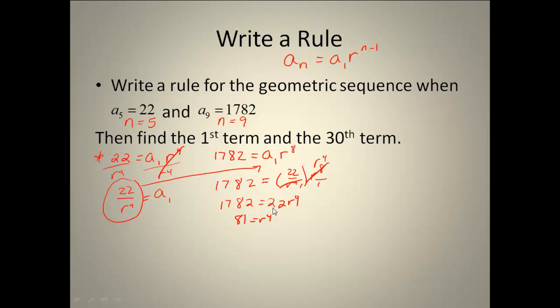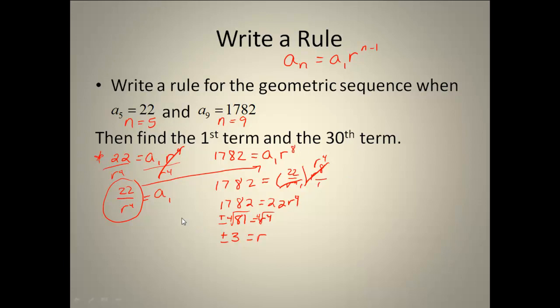Now to get rid of that 4th power, I have to take the 4th root of it. So I'm going to 4th root both sides, and when I do that, I end up getting r is equal to 3. Now since I took an even root, I technically have plus or minus here. So my ratio could actually be a positive 3, or it could be a negative 3 in this particular case, and we don't know which.